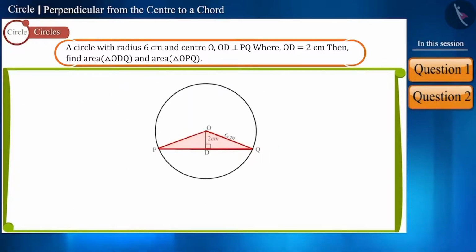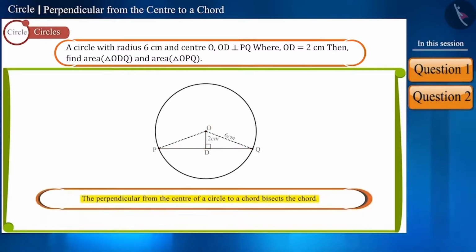Now, we have to find the area of triangle OPQ. Friends, there are many ways to find this. Can you tell the length of PQ? Yes, we are given the line segment OD is perpendicular to chord PQ and O is the center of the circle.